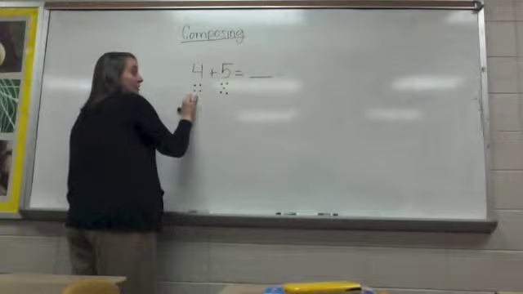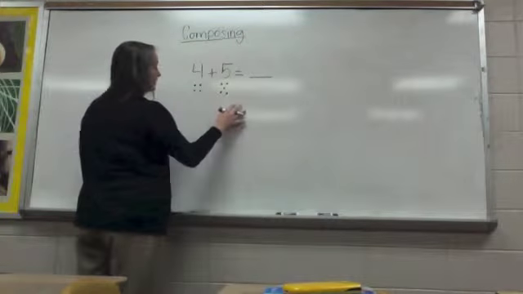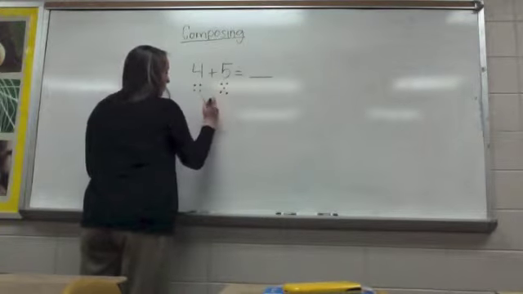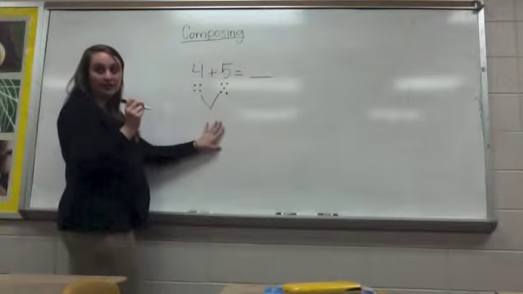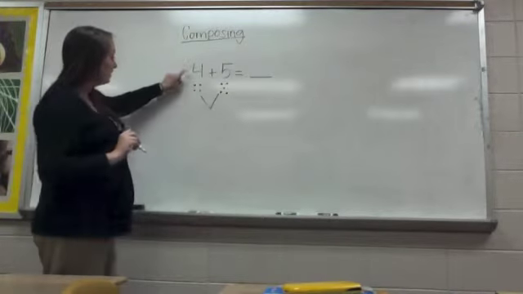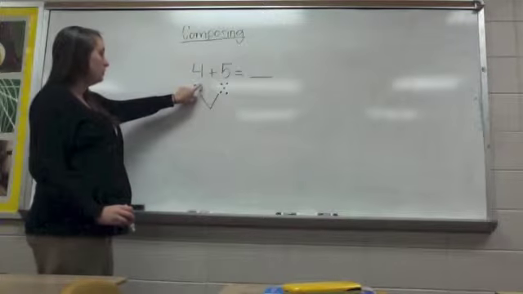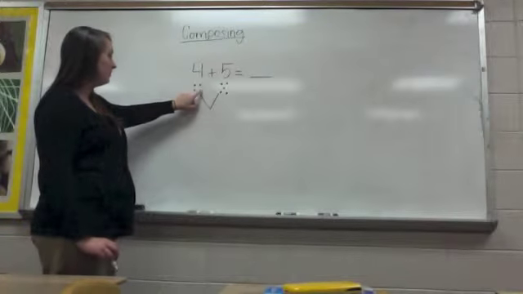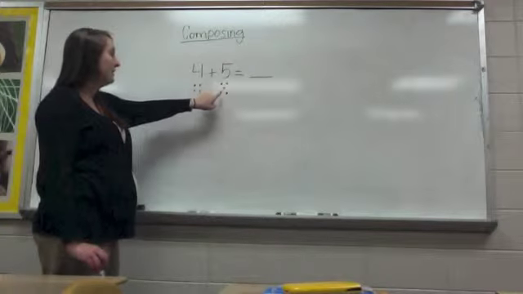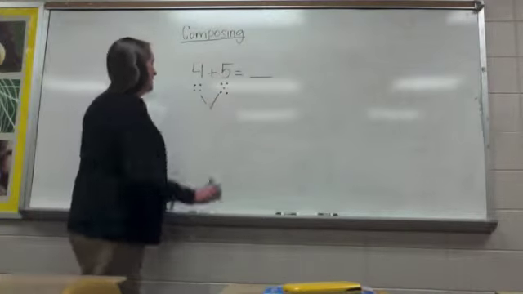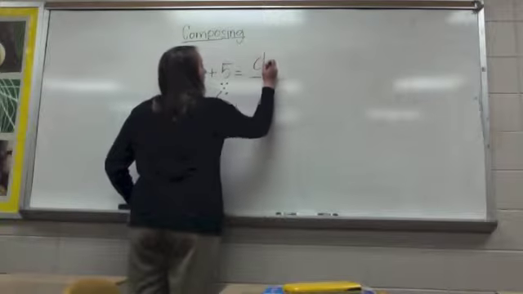So you have 4 things and you have 5 things. We're taking these things and composing them as one big thing. All right? So how many do we have here? 1, 2, 3, 4, 5, 6, 7, 8, 9.